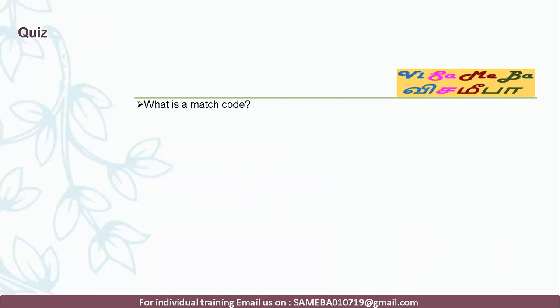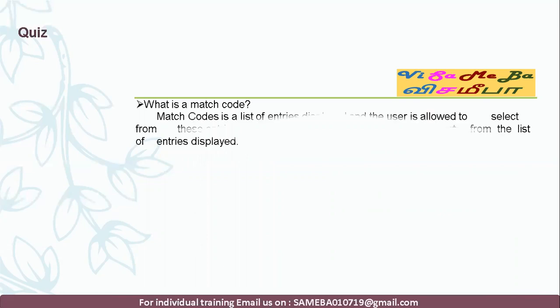What is a match code? A match code is a list of entries displayed, and the user is allowed to select from these entries only. So you see a box behind a box, which means a list is already available and you are allowed to choose one amongst that big list. So you cannot enter your own value.